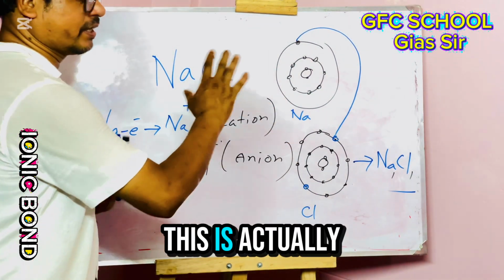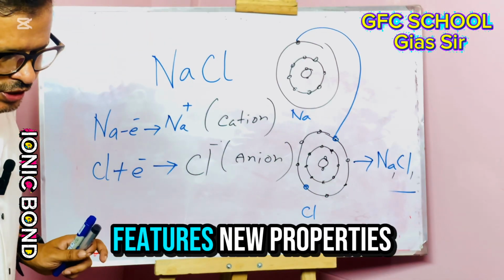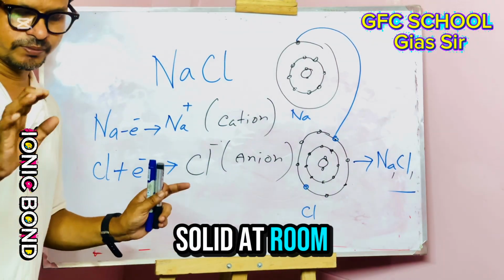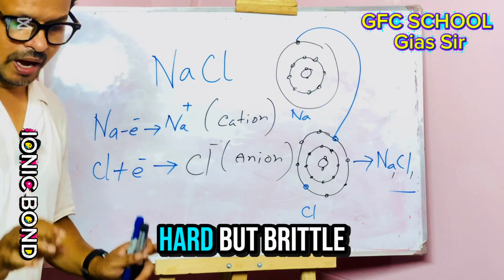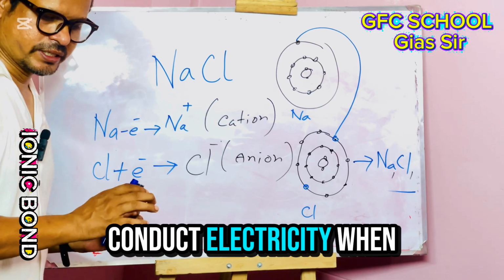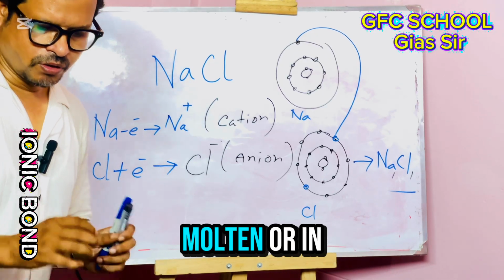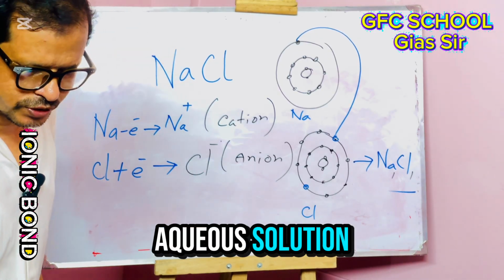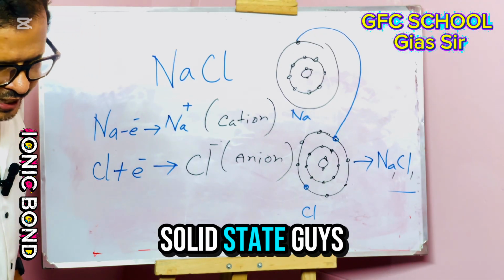Okay, guys, these are the features and properties: solid at room temperature, hard but brittle, high melting and boiling points, conducts electricity when molten or in aqueous solution, but not in solid state.